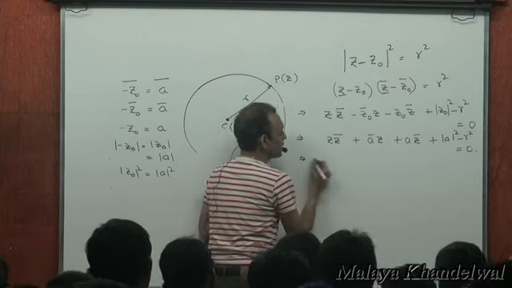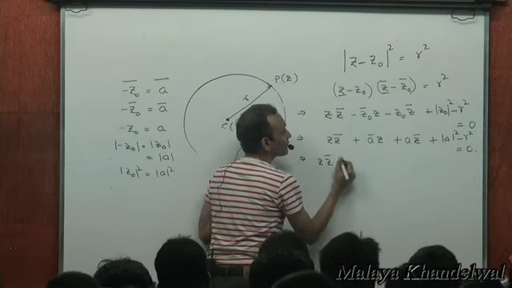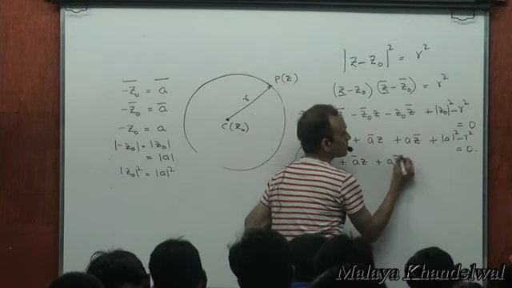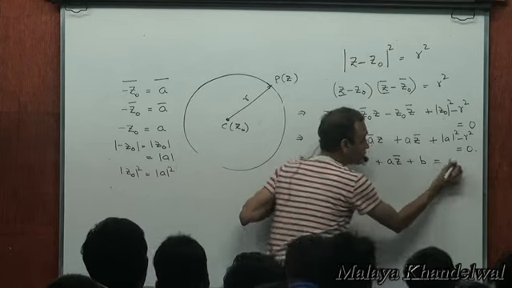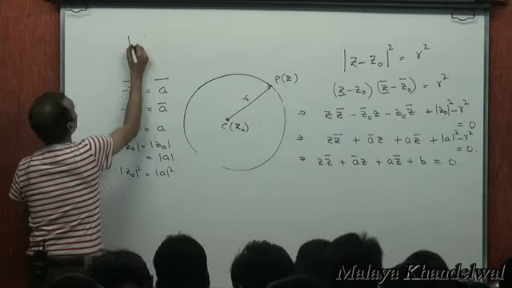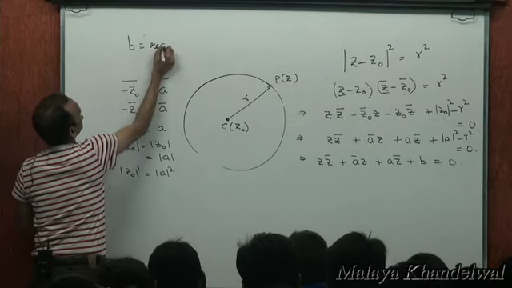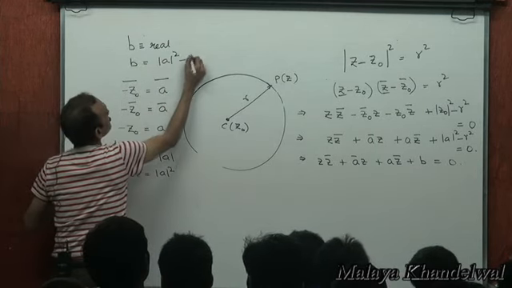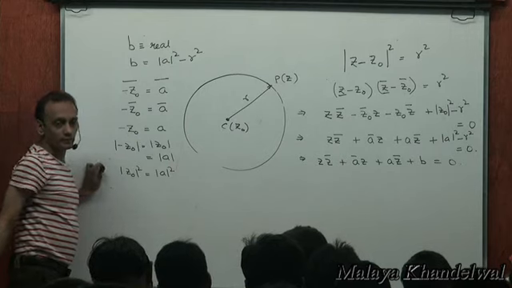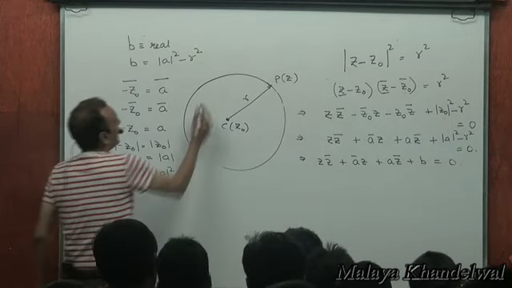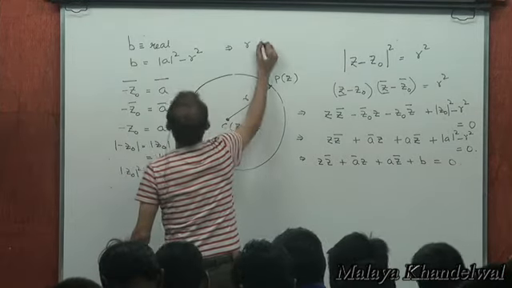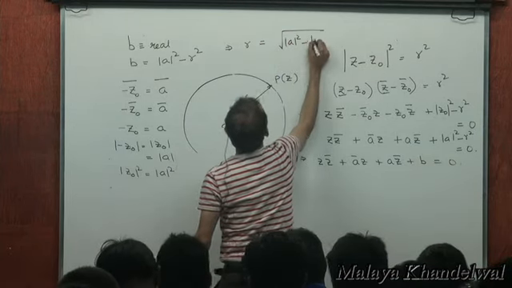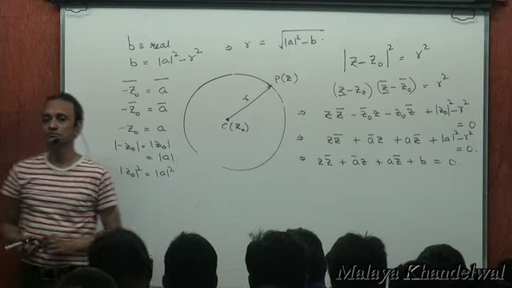So this can be written as z z bar plus a bar z plus a z bar plus b equal to 0, where the real number b is such that b would be mod a squared minus r squared. And the radius r of the circle is going to be root of mod a squared minus b.